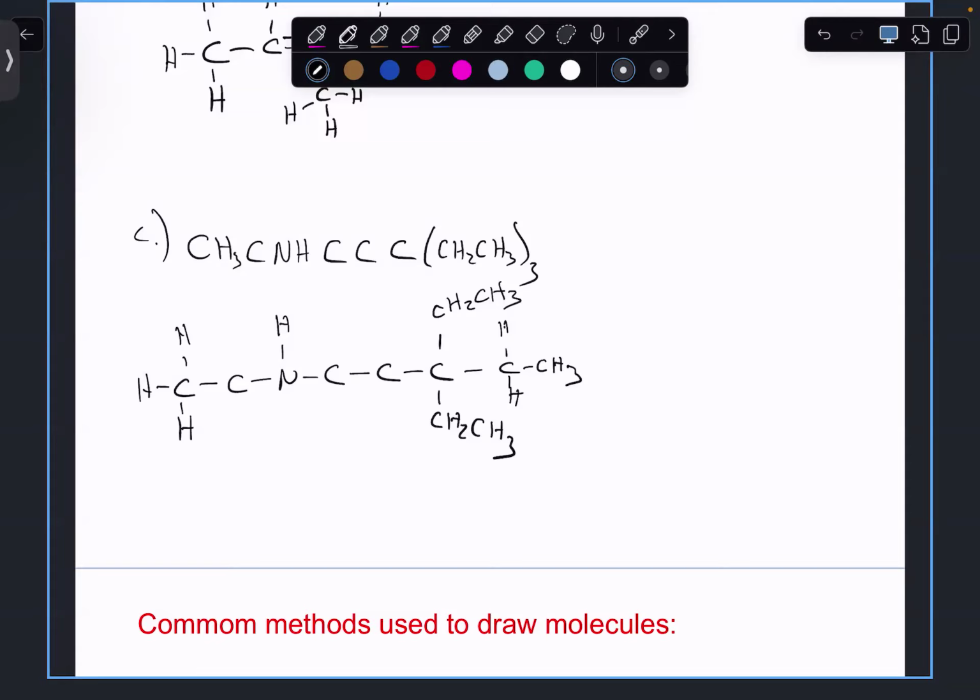Anybody see these two carbons are obviously not happy? Anything we can do here? Yeah, I'm kind of leaning towards a triple bond there. What is that going to do for us?